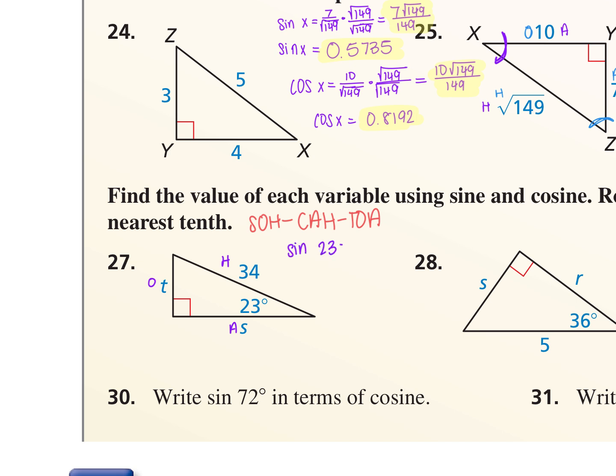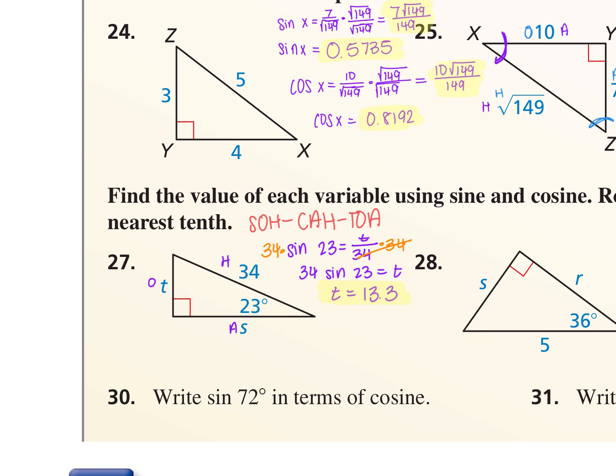So the first one, sine 23 equals t over 34. Solving for t, I'm going to multiply both sides by 34. So then I'm going to have 34 sine 23 equals t. Plugging that into my calculator, rounding to the nearest tenth, my answer should have been 13.3. All right, next, solving using cosine.